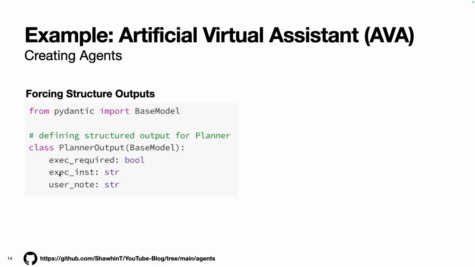The next attribute is the instructions for the executor. So if execution is required, this will be a string, and these will be the instructions to pass along. And regardless of whether execution is required or not, we'll still want to have a note for the user. That'll just be a string. Structured outputs helps give a lot more controllability and predictability to the multi-agent system.